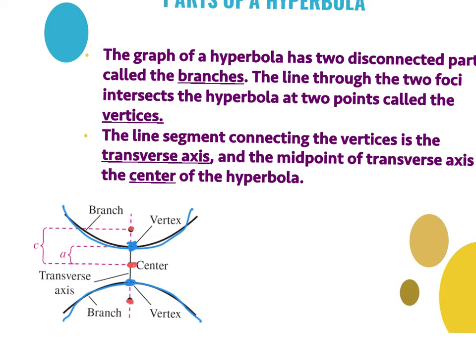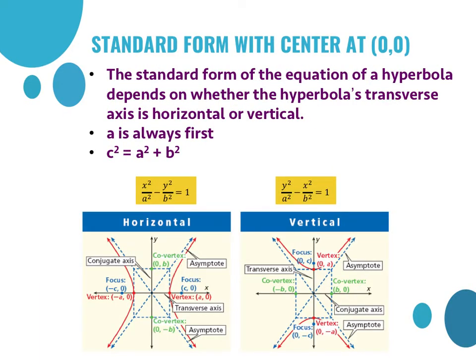And then it's either going to transverse the y-axis, it'll be vertical, or it's going to touch the x-axis, and it'll be horizontal. So the first examples we're going to do are going to be the ones with the center at the origin, at 0, 0.